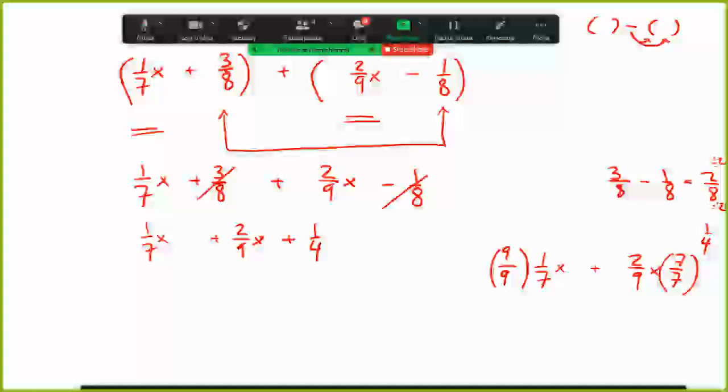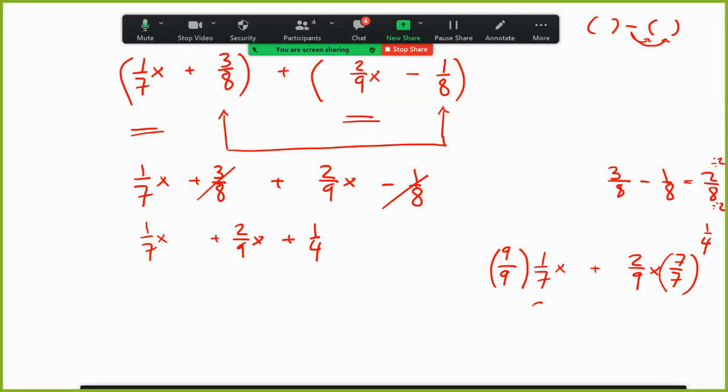We're going to look at the denominators and multiply each fraction by the other one's denominator over itself. It's like a weird swap: the 1/7 gets the 9/9 and the 2/9 gets 7/7. Is that okay? Any questions? Nope. Okay, so now let's keep rolling.